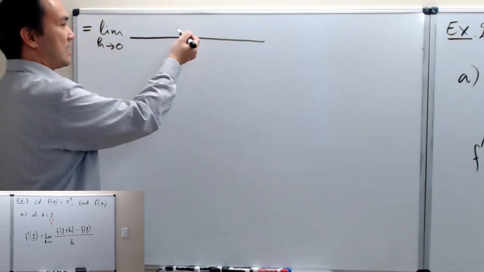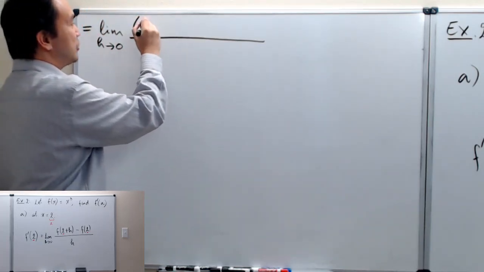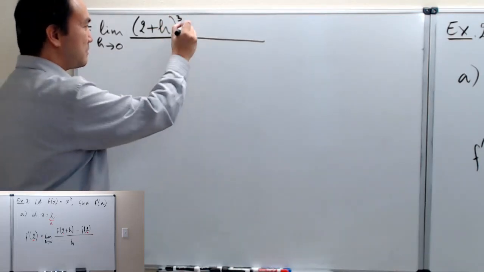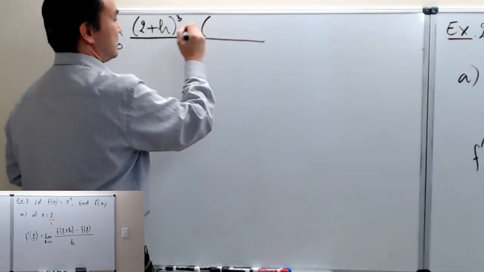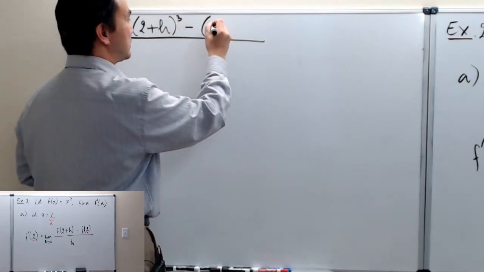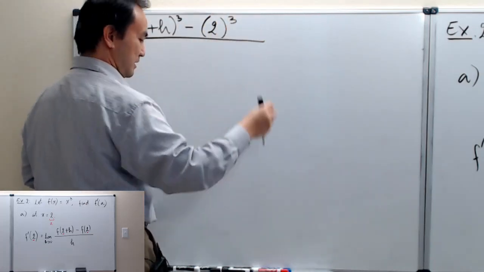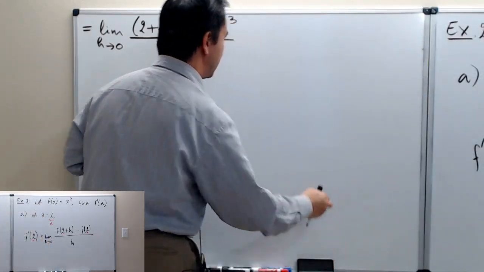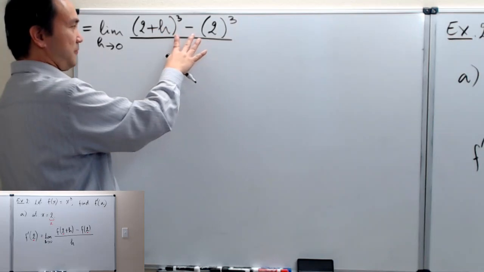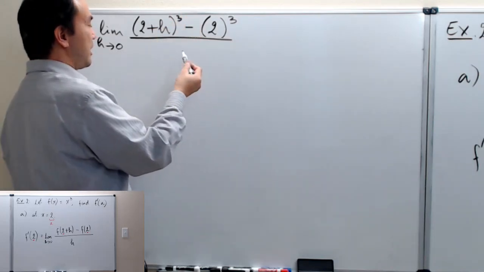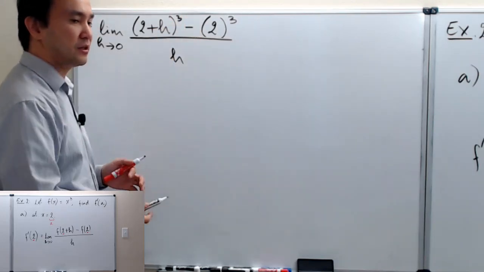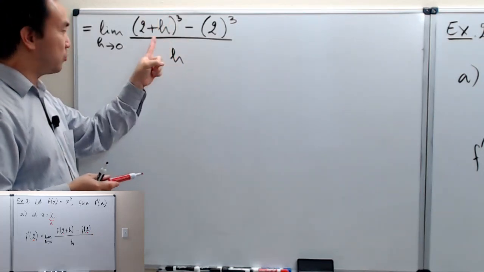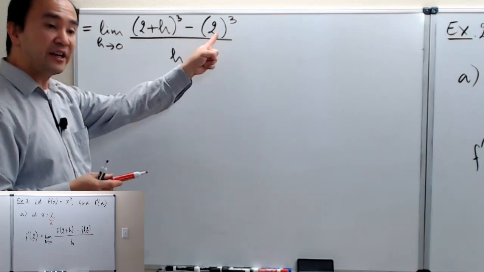The function itself is x cubed, so now I'm going to say 2 plus h, the input now being cubed, minus f at 2. So f of 2 is simply 2 cubed. This is how I set up my difference in the numerator, and the denominator is just h. So this is how I start developing my difference quotient, now that my function is kicking in.